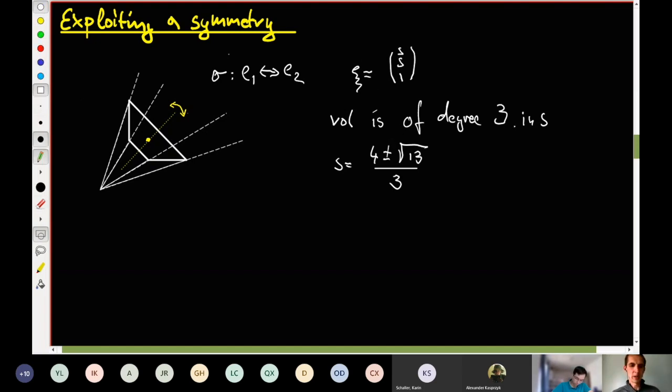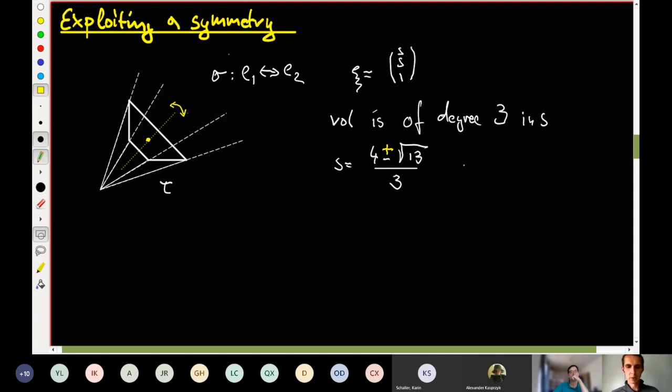But remember that we only look for positive solutions. Positive in the sense that xi has to sit in the dual cone of our cone tor here. And as it turns out, only one of the 2 solutions actually sits in the dual cone. So this plus here is the solution we are actually interested in.